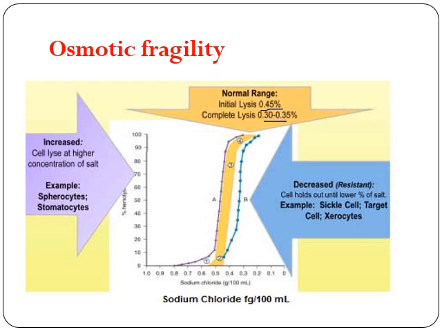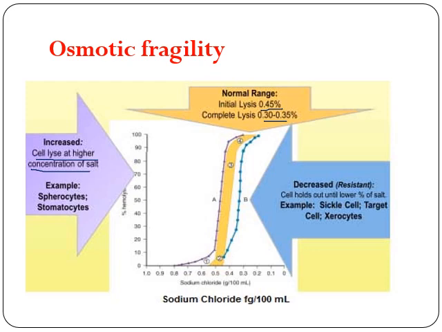But in hereditary spherocytosis, the cell lysis will occur at a higher concentration of salt. Suppose we are placing the RBC in decreasing concentrations: 0.75, 0.6, 0.45. So the lysis can start at 0.65, which is higher than 0.45. So what is the conclusion? That in this, the lysis is occurring at a higher concentration of the salt.